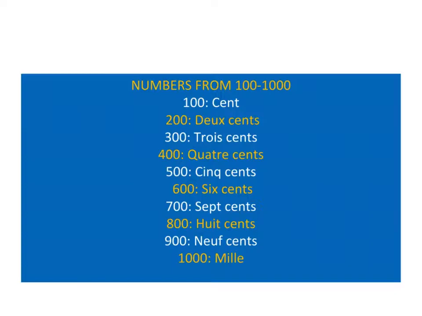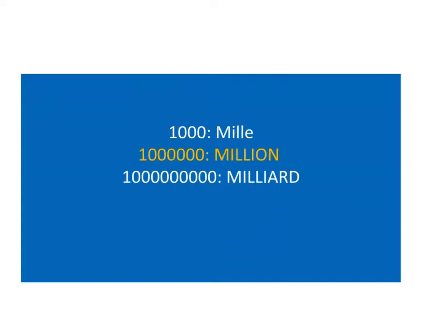From this one, we are going to be looking at 100, 200. So you have 100, cent. 200, deux cents. You can see there's an S in cents because you have 200. 300, 400, 500, 600, 700, 800, 900, and 1000. 1000 is mille. 1 million is million. 1 billion is milliard.